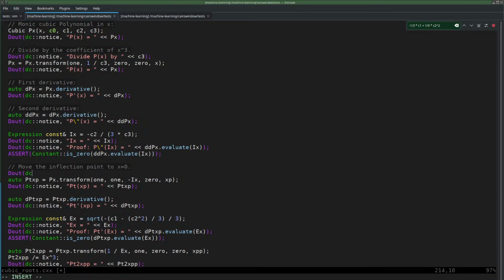Notice, shift... Yeah, well, shift what?